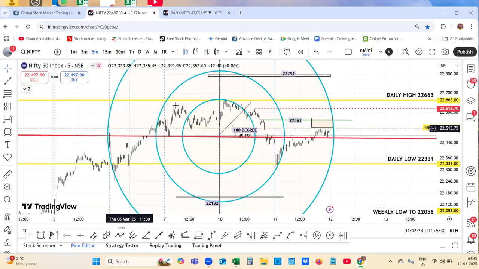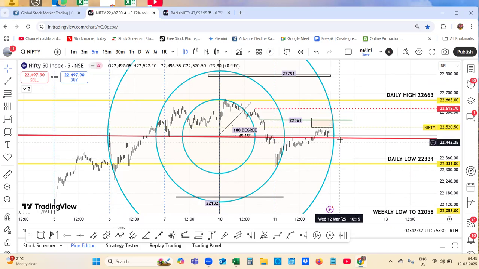That means in this time cycle, the price is above the 180 degree. Initial levels, suppose if it starts breaking below 22,462, the time cycle will turn around and the price can move to the next lower level. That's how it is. Nothing big over here.